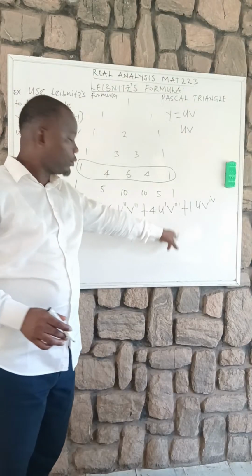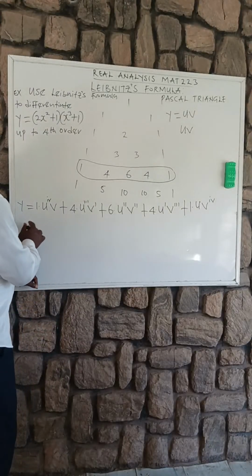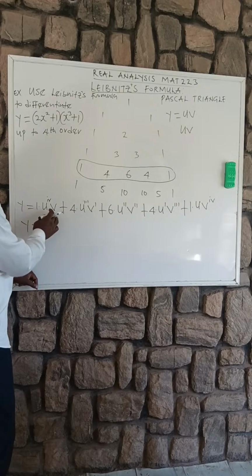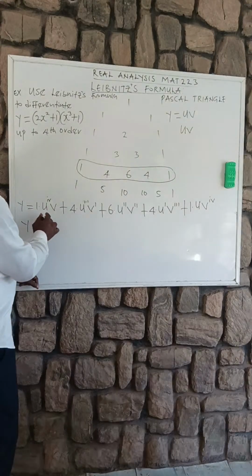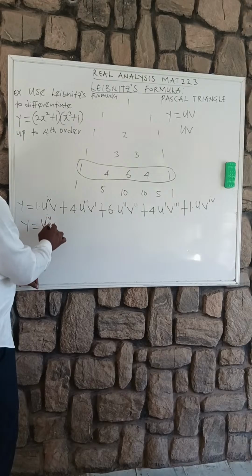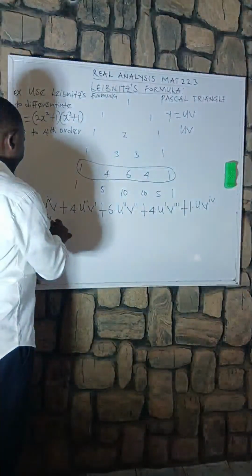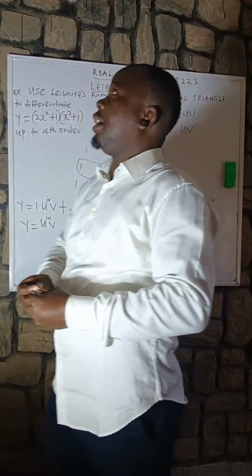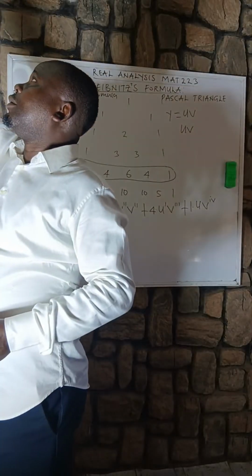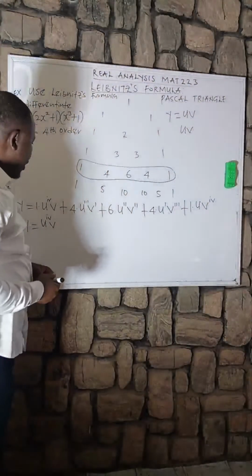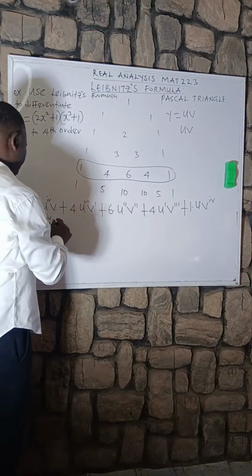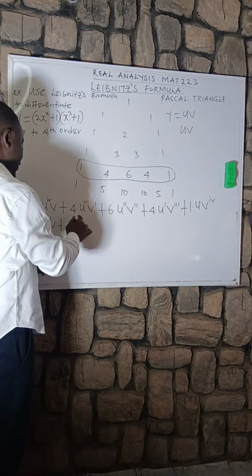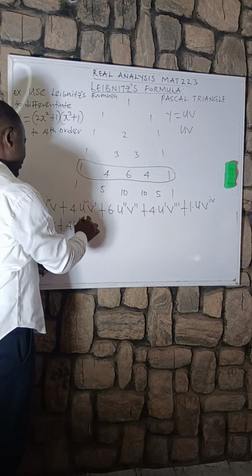Are you following? So now, y will be equal to, if you use this to multiply this, 1 times this is the same thing as U fourth derivative V. Then plus 4 times this is the same as 4 U triple prime V prime.